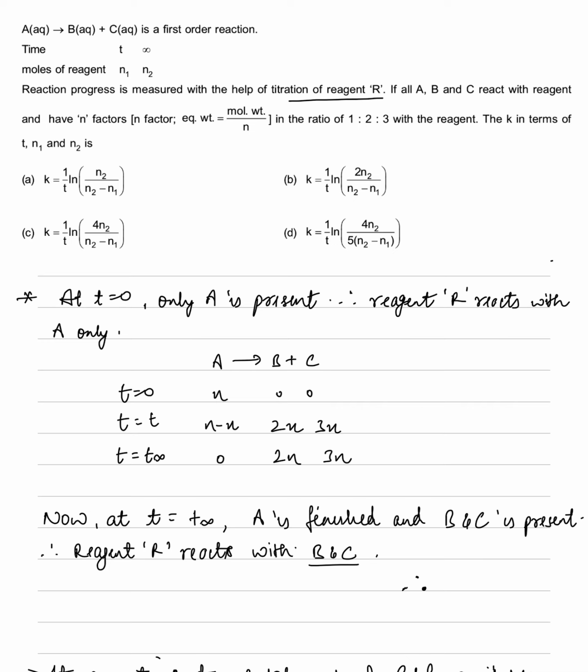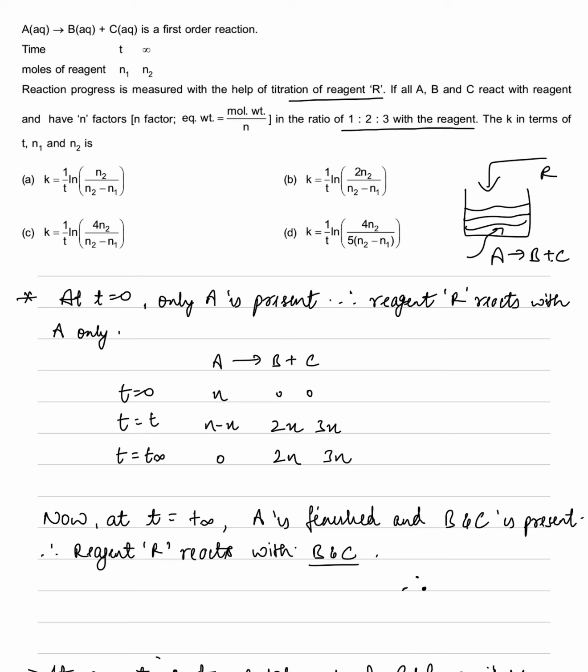That means, let's say we have this container in which we have the reactant A. This A is getting converted into B and C, and we are doing the titration by using the reagent R, right? So if A, B and C react with the reagent and have n factors in the ratio of 1 is to 2 is to 3, then we need to find the value of K in terms of t, N1 and N2, right?